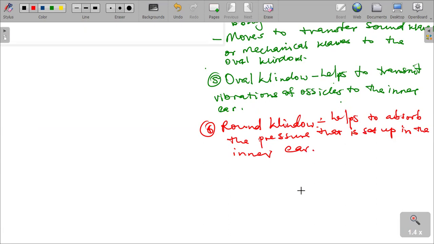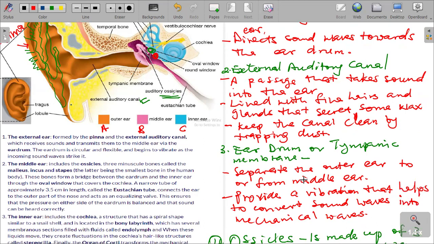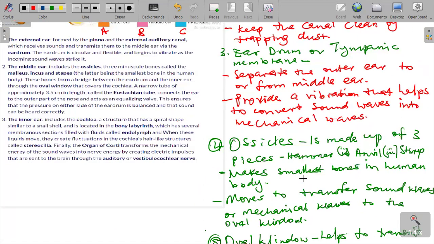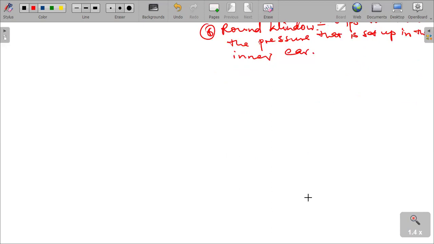And as you can see from our diagram there, the round window is being shown. We have the semicircular canals, that I want us to just quickly look at, as we are now explaining components of the inner ear. The semicircular canals, number 7.